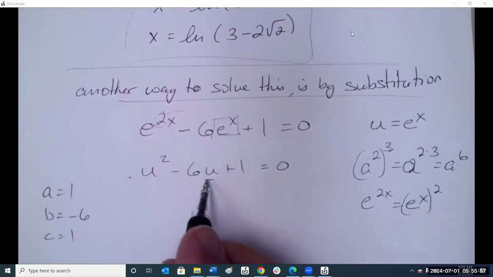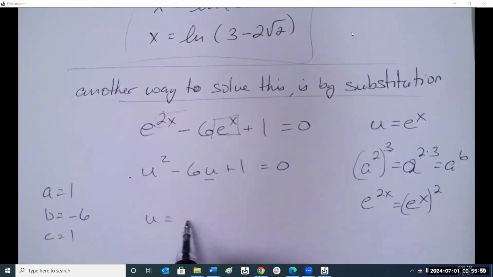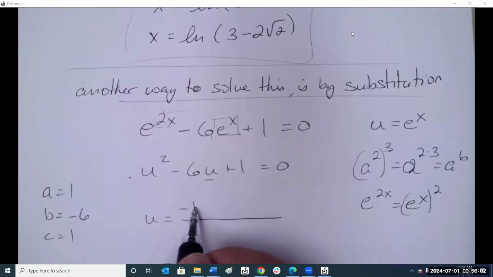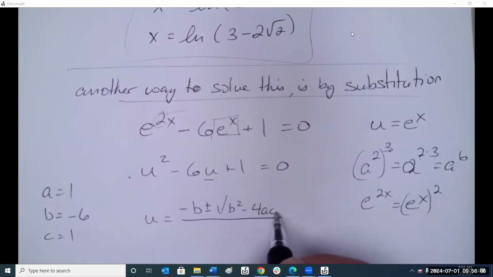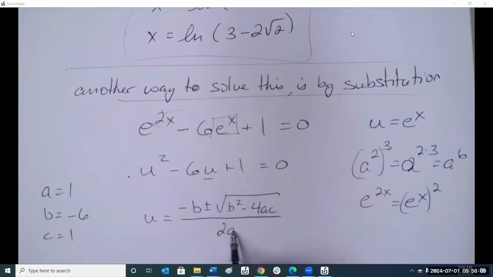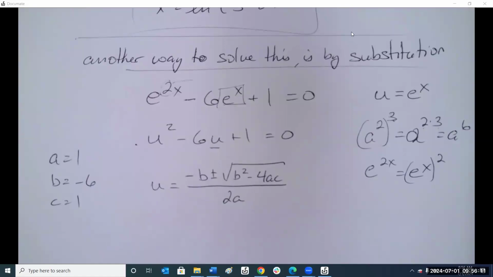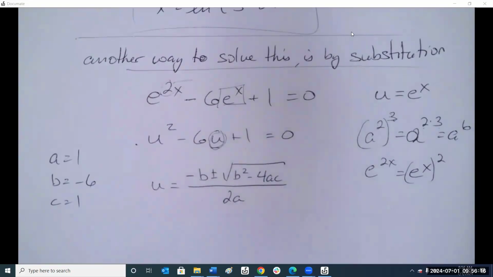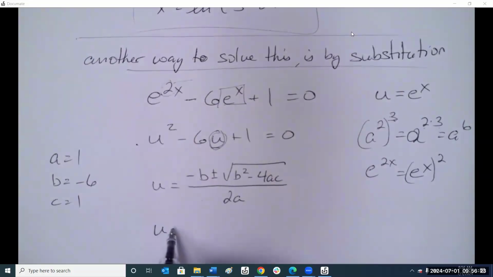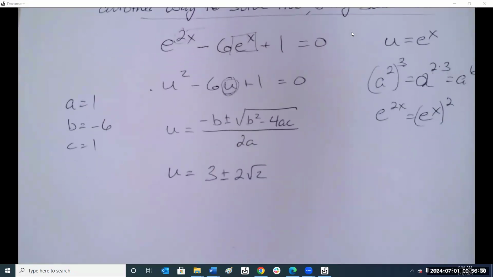Since that's our middle term, we would be solving for u, because we always solve for whatever the middle term is. Not the coefficient, but the term. After we finish this, we would get u equals 3 plus or minus 2 radical 2.